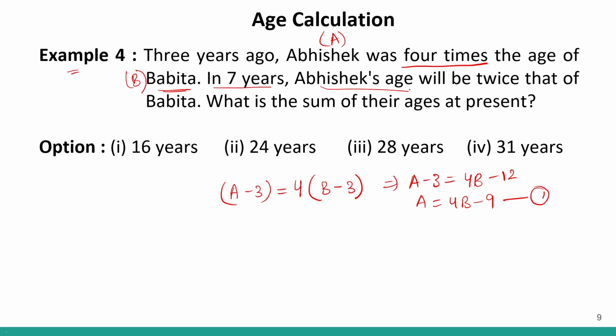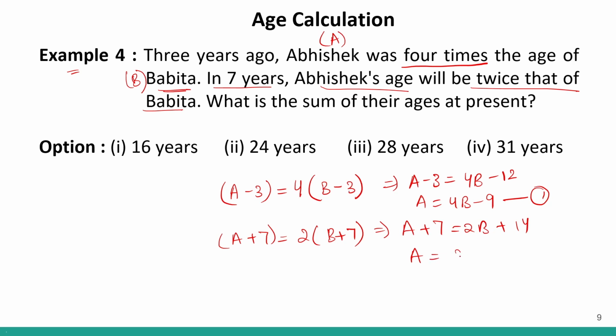In 7 years, Abhishek's age will be twice that of Babita. So A plus 7 equals twice B plus 7. Similarly, if I open the brackets, it will be 2B plus 14. So A will be equal to 2B, and if I take 7 over here, it will come negative. So 14 minus 7 will give me plus 7.